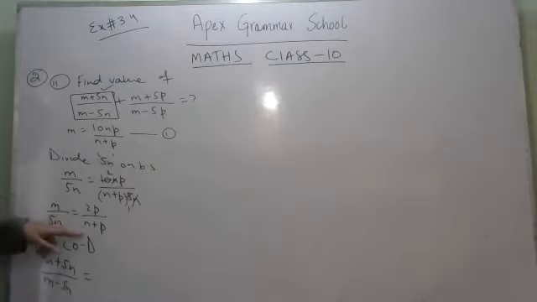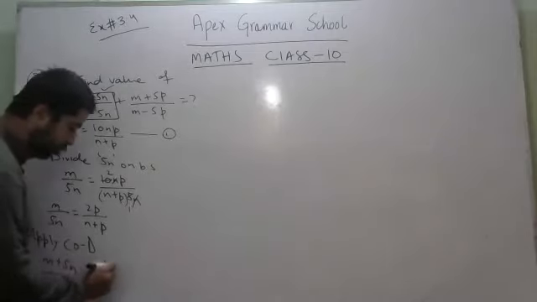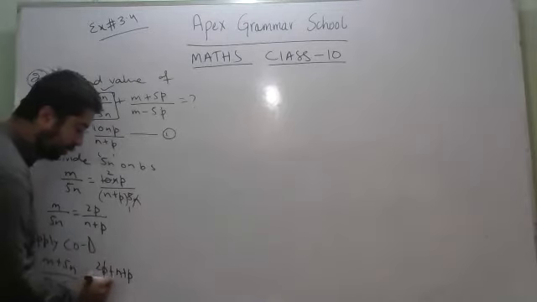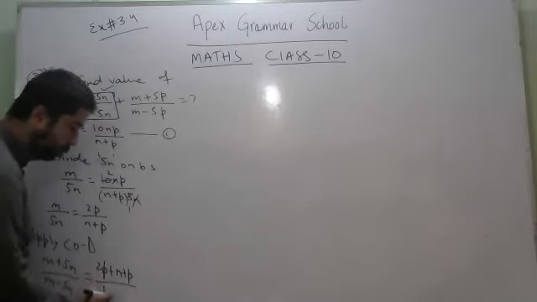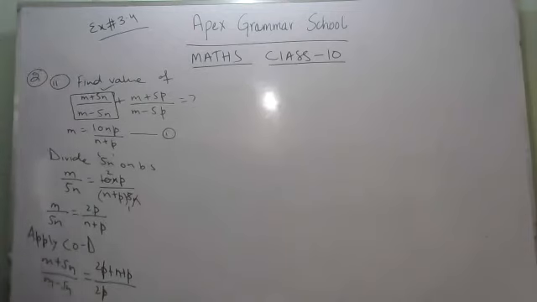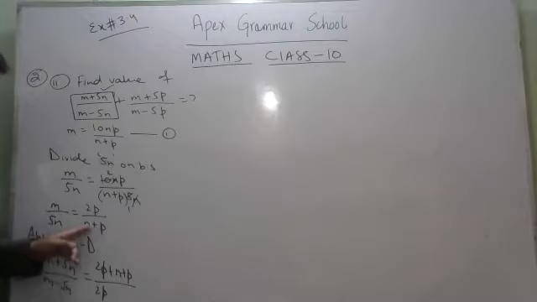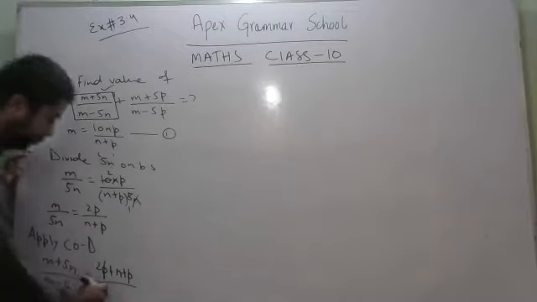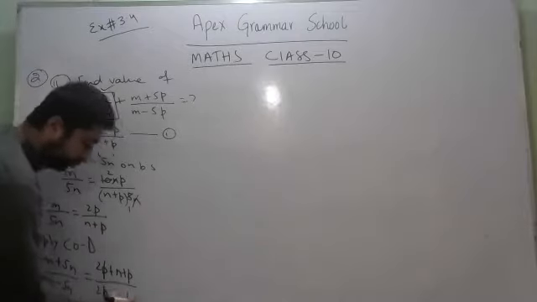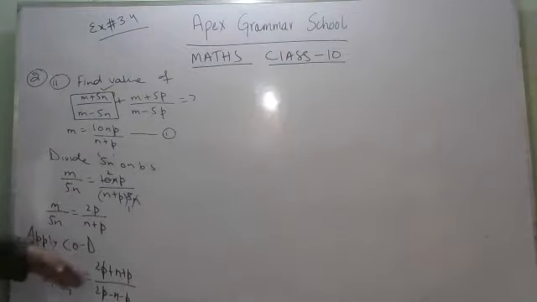I will apply it directly: 2p plus (n plus p) divided by 2p, and after that the minus sign will change all the signs.